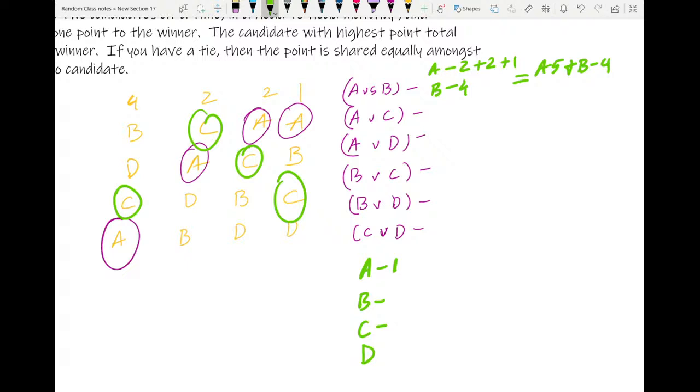So right away we see that C got 6 votes and A gets 3 votes. So the winner is C. So C gets 1 point. All right. Next.